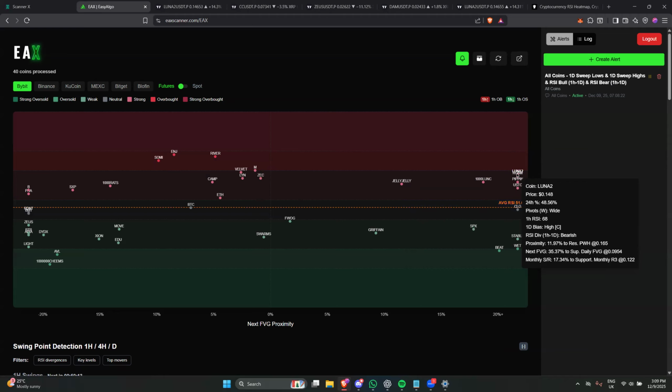So Luna has a bearish divergence. It's showing 48%, which is a lot of movement, which means that potential reversal could be quite a decent drop. And the RSI is 68 at the moment.